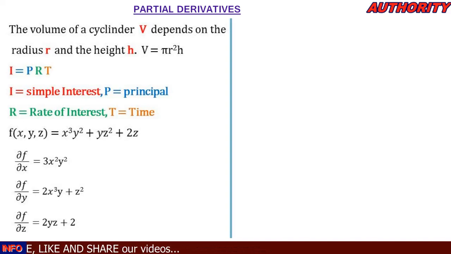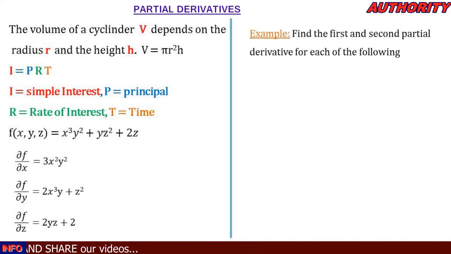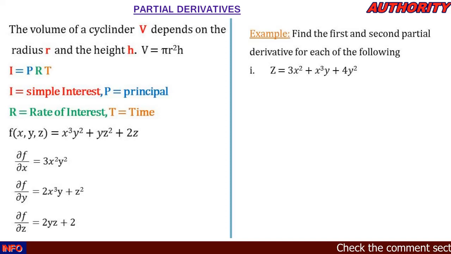This question says, find the first and the second partial derivative for each of the following. Number 1, we have z is equal to 3x squared plus x cubed y plus 4y squared.